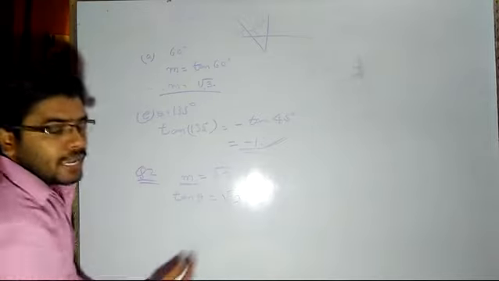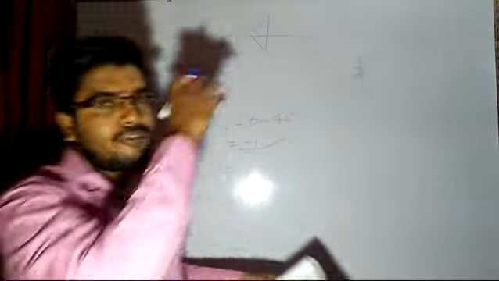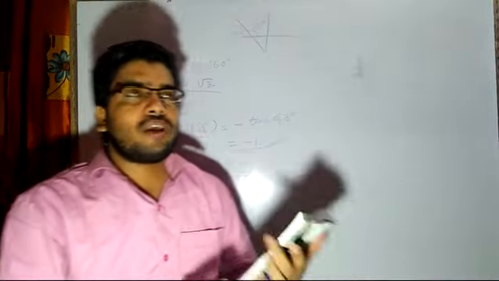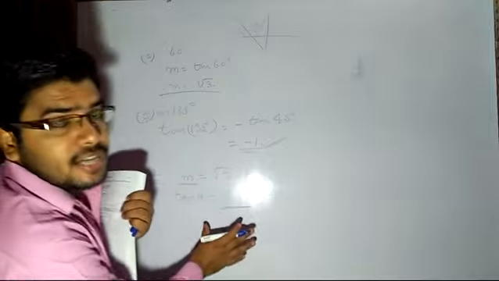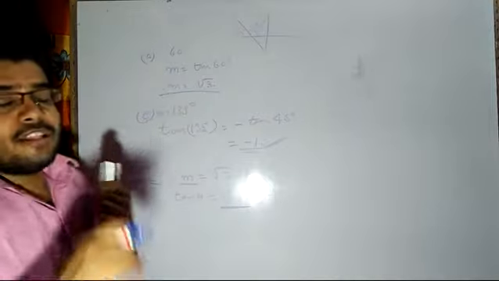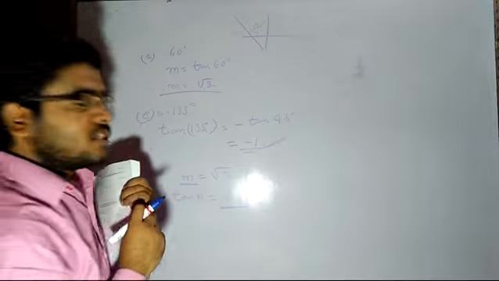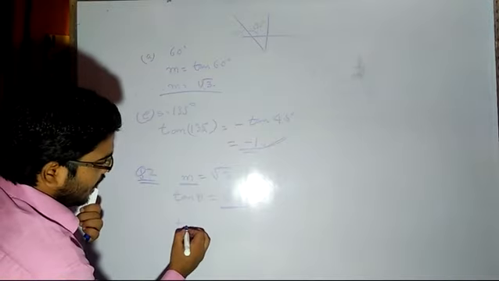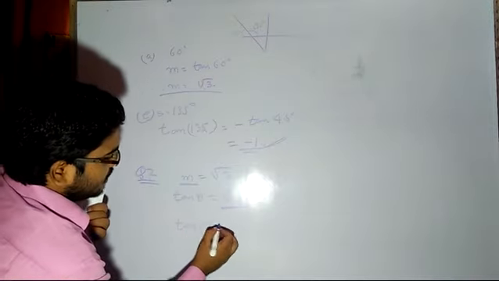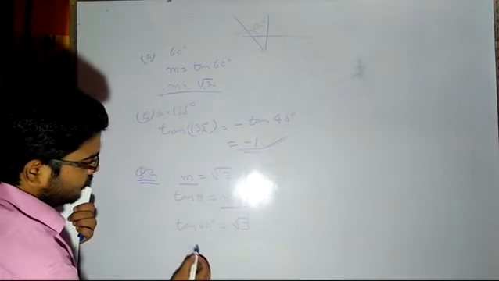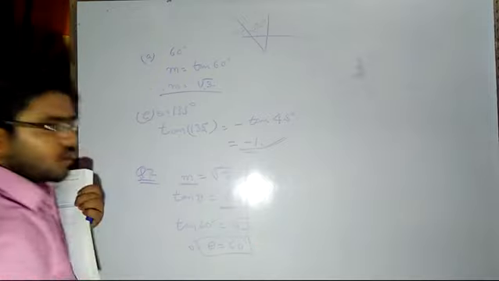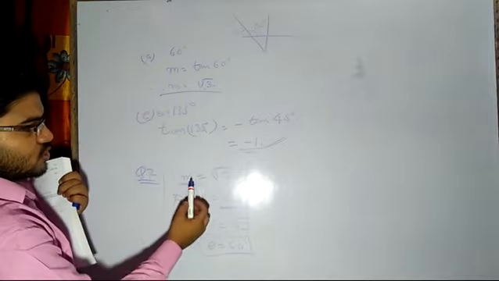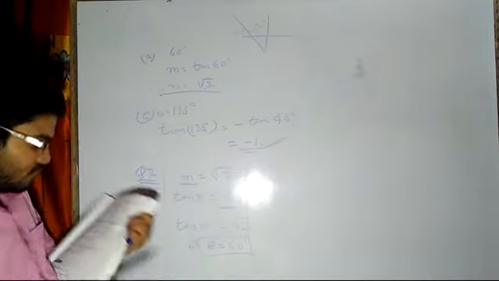Now in the table of trigonometry, as you can see, root under 3 comes when theta is equal to 60 degree. So I can write tan of 60 degree is equal to root 3. Therefore theta is equal to 60 degree. In this way you can solve question number 2. First you write m is equal to this and then try to find out.